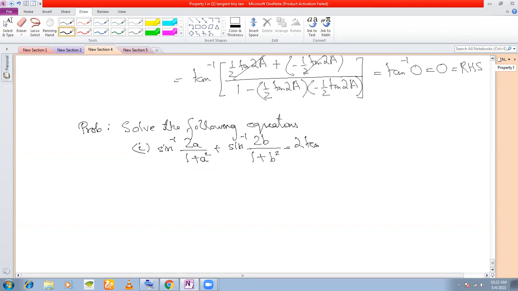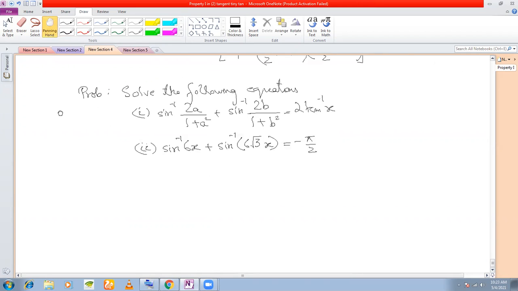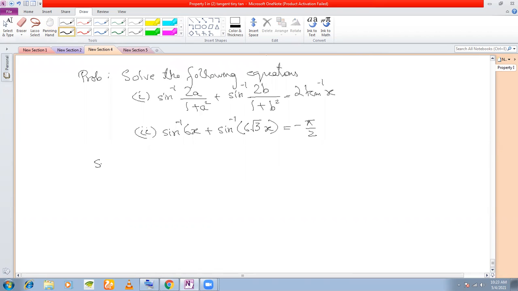This is the first equation. And the second equation is sin inverse 6x plus sin inverse 6 root 3x is equal to minus pi by 2. These two are the equations that you need to solve. Okay, so the first one looks fairly simple.